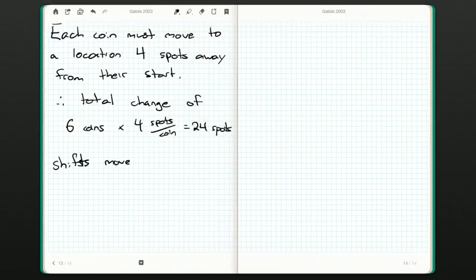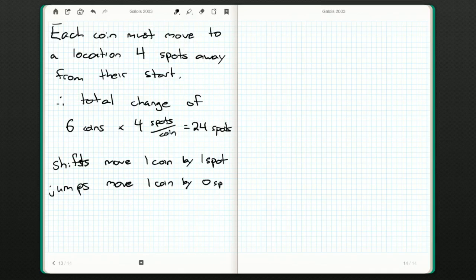Shifts move 1 coin by 1 spot. Jumps involve 2 coins. They move 1 coin by 0 spots, and they move 1 coin by 2 spots.